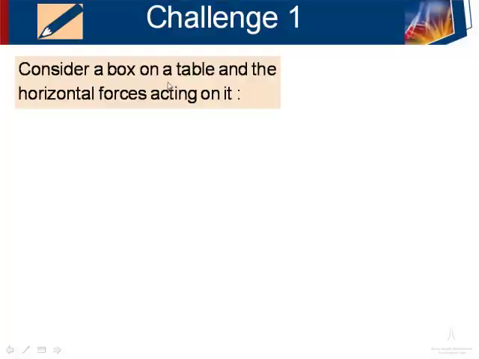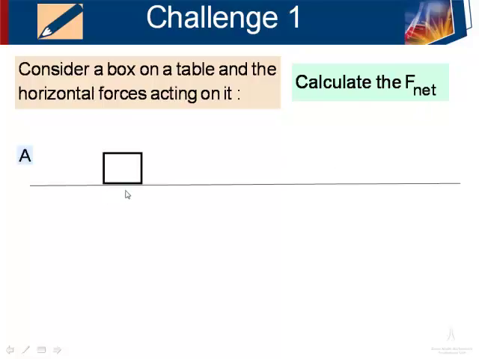Looking at challenge 1. Consider a box on a table and the horizontal forces acting on it. We're now going to calculate the F net, or the resultant force. Looking at these examples, example A: box on a table, 5 Newton force in that direction, 3 Newton in the opposite direction. Calculate the F net.